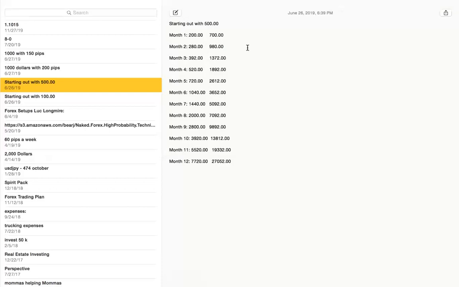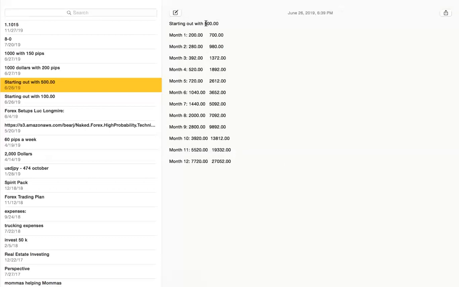And you're compounding your account. So each month, the little bit of money you're making, you're rolling it back into your trading account. It's kind of like compounding interest, so to say. And if you did this for 1 year, you're trying to get 20 pips a trade, 100 pips a week, 400 pips a month, week in, week out, once you've been in it for a year trading, that last month 12, you're going to make $7,720.